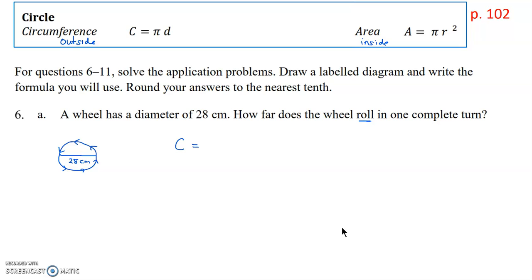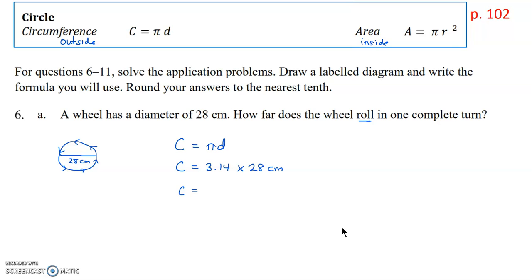So we want to solve pi times the diameter. Luckily, they provided us with a diameter, so we just have to take 3.14, our rounded pi, and multiply that by 28 centimeters. And that will give us the distance around the wheel, one turn around the wheel.